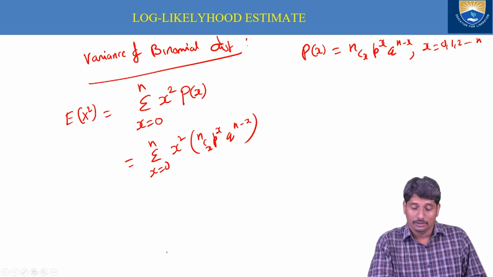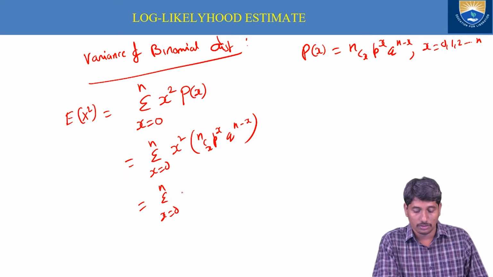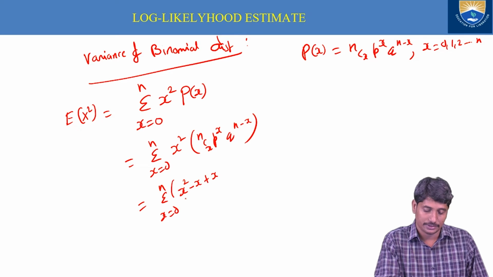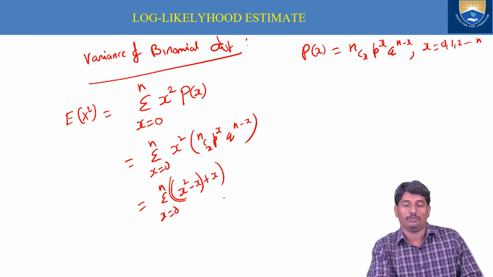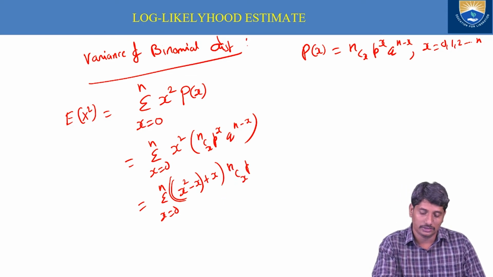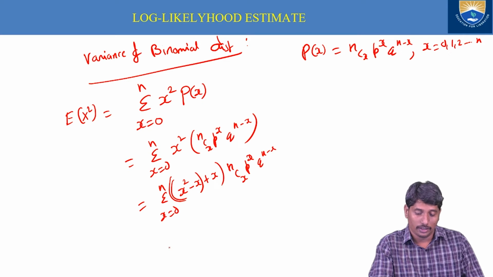Okay, now I'm going to reduce. I'm going to do one small mathematical manipulation, that is, I'm going to add and subtract x to the x square. Then I'll get this as output. Now I'd like to separate the summations.